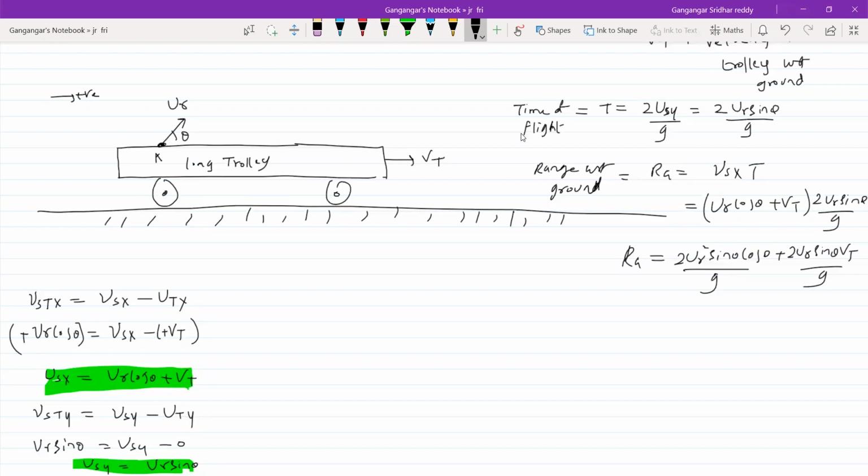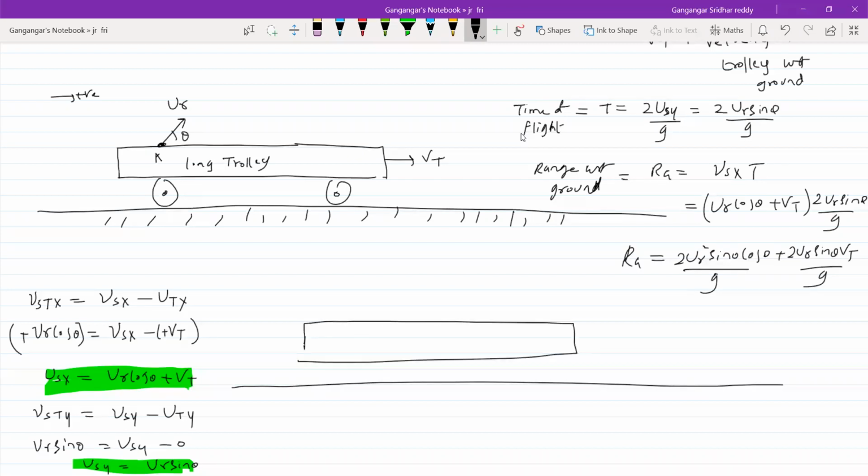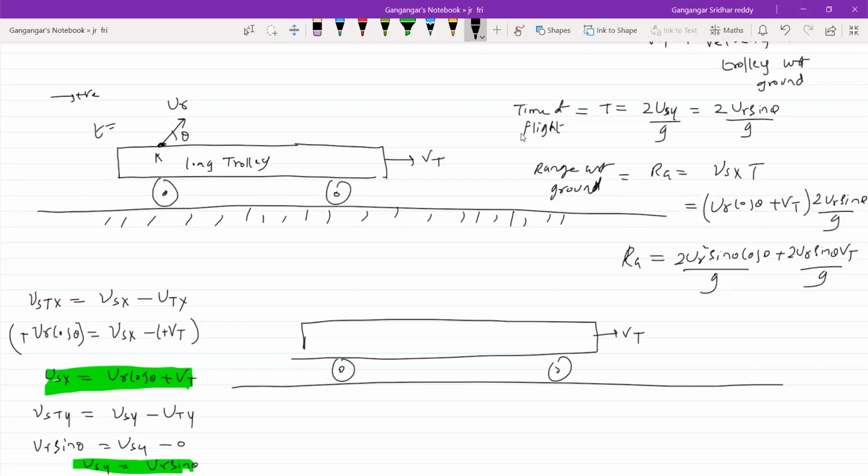After some time, the trolley will not be here only, no? The trolley will be displaced somewhere here. So let's take the point of projection. This is t equals 0, when I projected. At t equal to t, this is the position. And this was the point A where I projected.